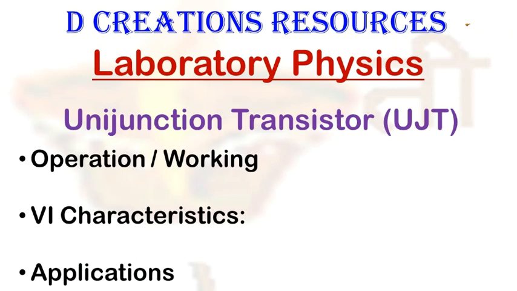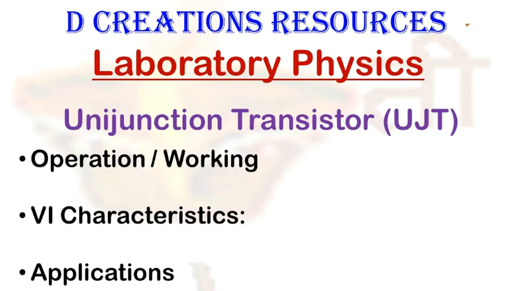Typically, when you plot the characteristic of a UJT, voltage is on the y-axis and current is on the x-axis. Here the UJT has switched from its off position to its on position.